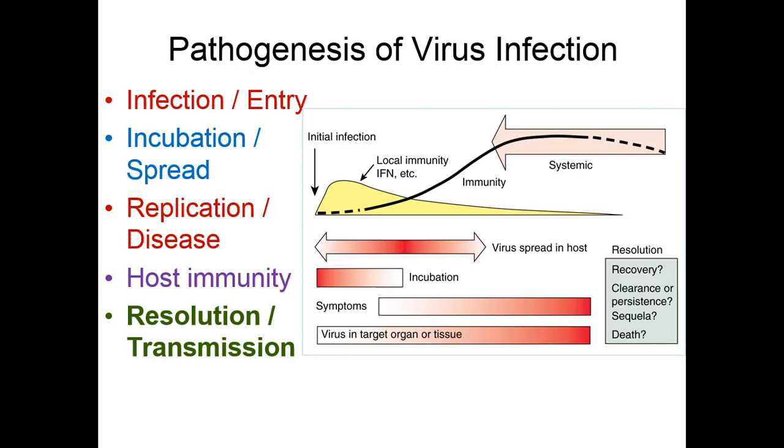But sometimes virus can overcome the immune system, and that will result in either a persistent infection or subsequent episodes of the infection. Sometimes death will ensue, and virus can be transmitted from an infected individual to a normal, healthy individual.